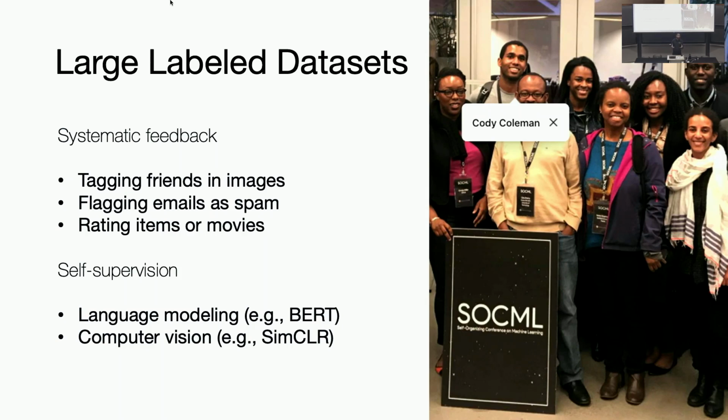And also when we think about self-supervised models, language models like BERT, or in computer vision, SimCLR or DINO, these types of models where you actually define the label for every single unlabeled example, you have this massive amount of data that's basically unlimited. But this can be really expensive to process naively, especially since a lot of data in the natural world is very skewed to a small subset of common cases.